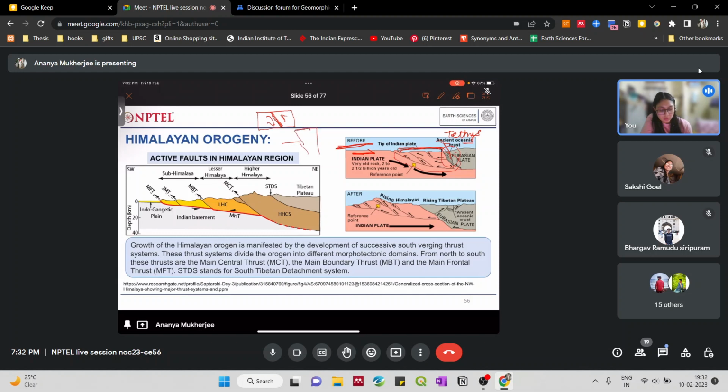The block has moved on top and this is going down. So this is called a thrust fault or a reverse fault. Thrust fault is when the angle of this surface is very low.